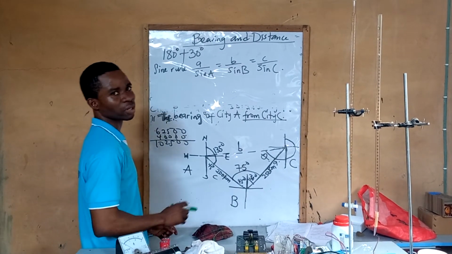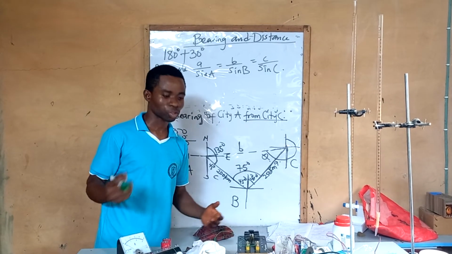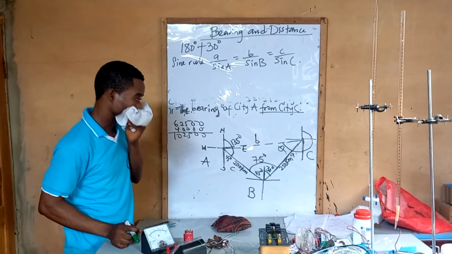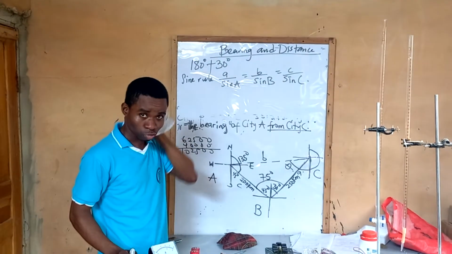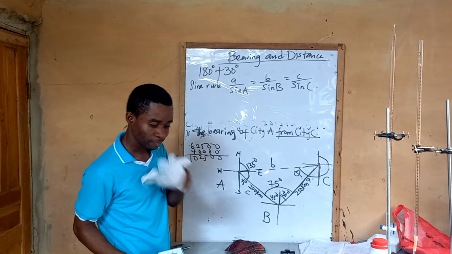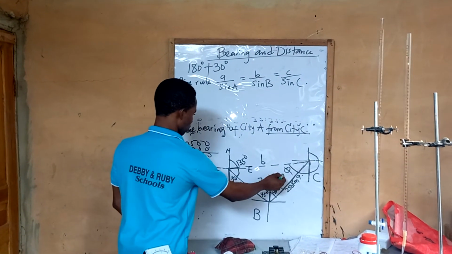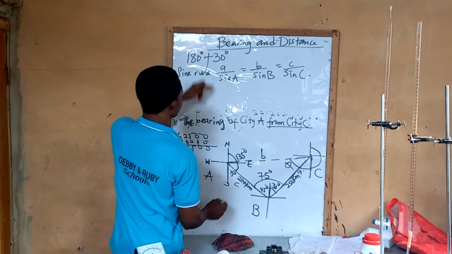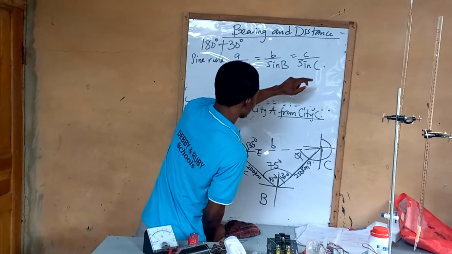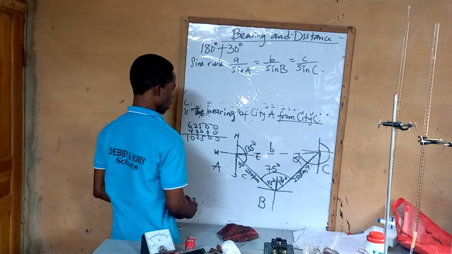I told you, go and check my last video on application of sine and cosine rule. So please do so. How will I apply this? I'm looking for this. I have this. These are sides and these are angles.